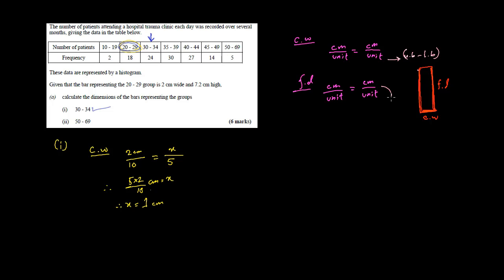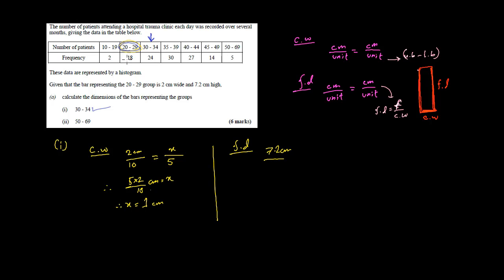For finding the frequency density, the formula is frequency density equals frequency divided by class width. So let me do it here. In the exam, it's always recommended you do one sum after the other vertically below. So the frequency density for this group, 20 to 29, is 7.2 centimeter. High means frequency density, 7.2 centimeter.